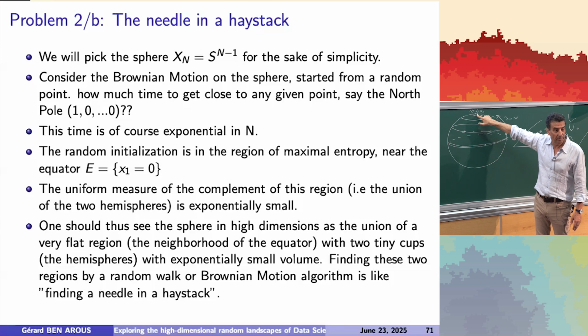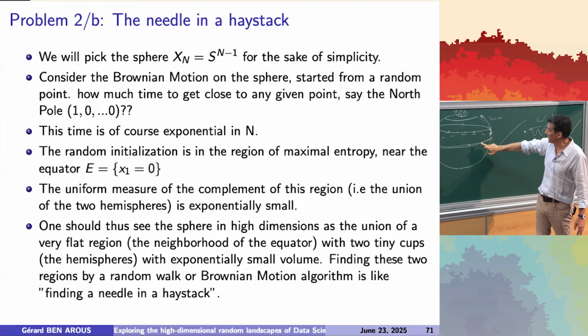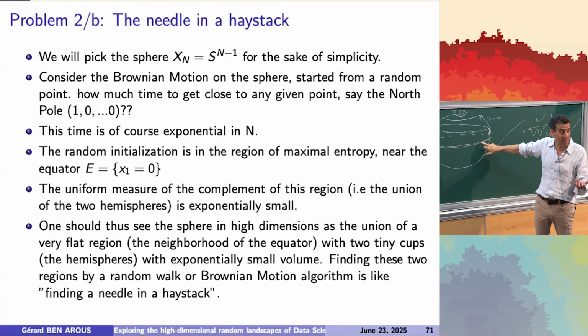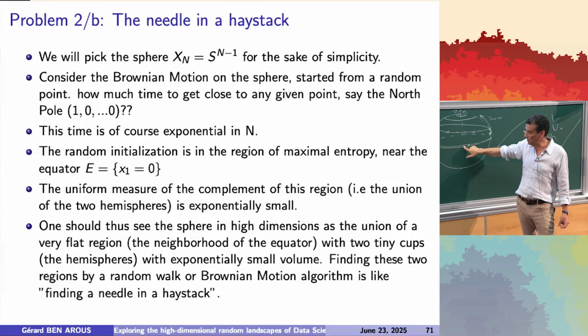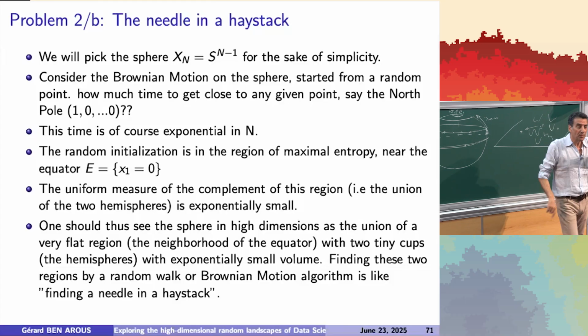So the random initialization is the region of maximal entropy, near the equator. That's what I call E. Because if you start at random, it will be orthogonal to this. So you start here and you just do Brownian motion. How much time does it take to get here, or to get to a little cap around the North Pole?